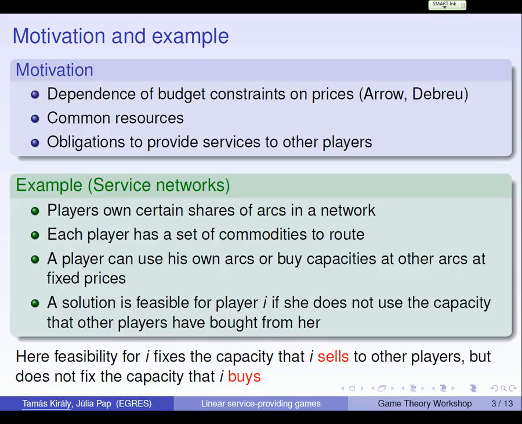You must sell that capacity, and you can only use the remaining capacity. So feasibility for player I actually fixes the capacity that I sells, but does not fix the capacity that I buys. So the player I can freely decide the amount of capacity that he buys, but not how much he sells, because that depends on the strategies of the other players.